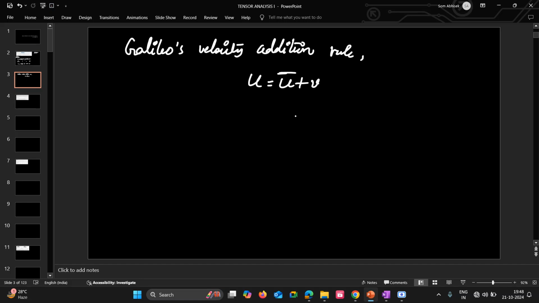Okay, that was v. So for a free particle, u is constant. That's Newton's first law in S. So for a free particle, u is constant. Okay, so let's go to the first question.